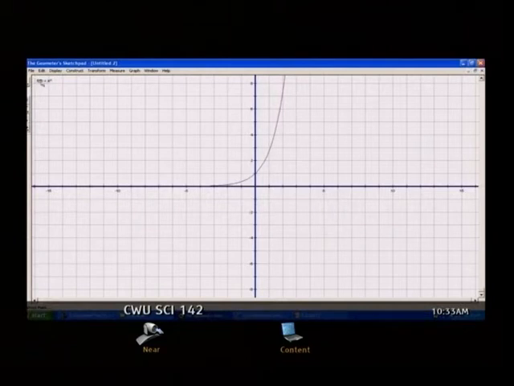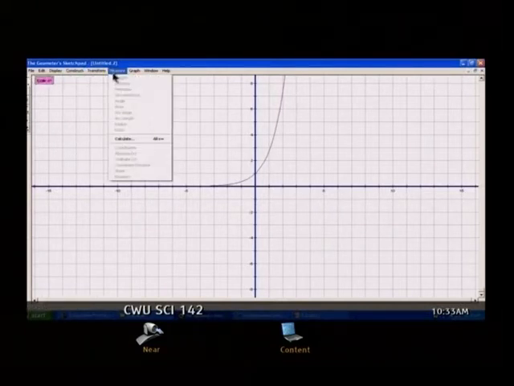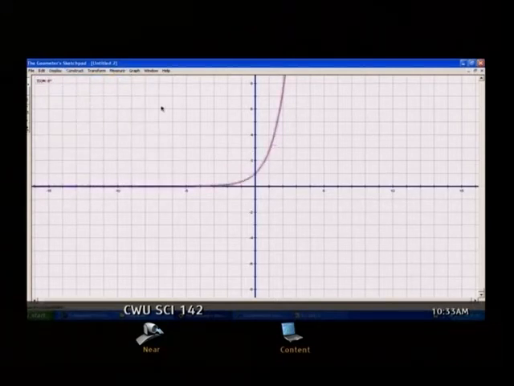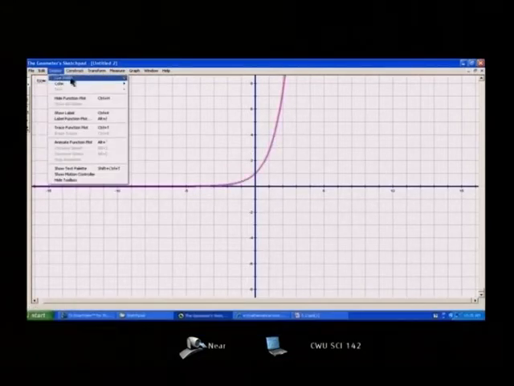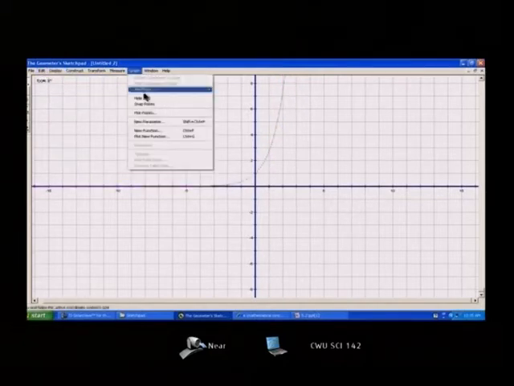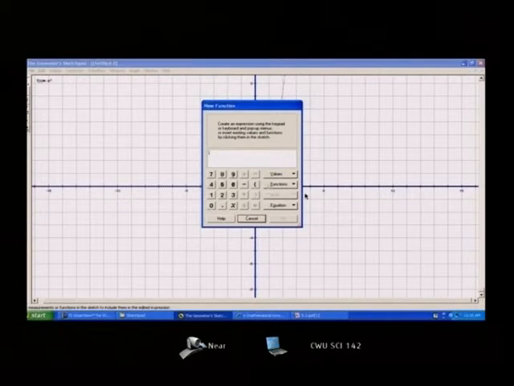Here's our original function, and I am going to dash that one. Oops, got to select it first. Let's dash that one. There's our original function. Let's put in our new one and see what happens. So we have y equals negative e to the power of parenthesis x plus 2.